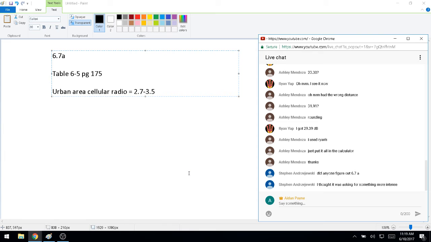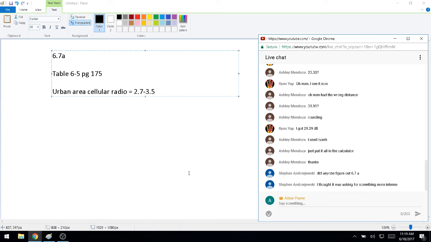Steven says he thought it was asking for something more intense. Nope. It was just asking, if you were going to start doing math problems in this situation, what would you be using for the path loss exponent? In the actual text of the problem, they tell you to use a path loss exponent of 3.1, and that fits within that range.